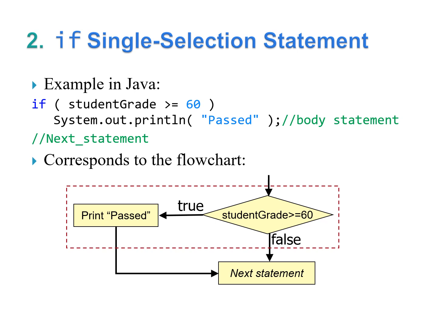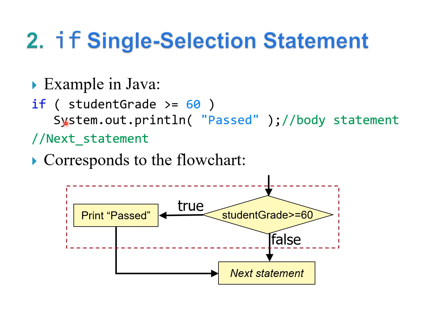An if statement always begins with the keyword if, followed by a condition in parentheses, and then the body statement, which is the statement that will be executed when the condition is true. For example, in this if statement, the condition is the comparison student grade larger than or equal to 60, where student grade is a variable.